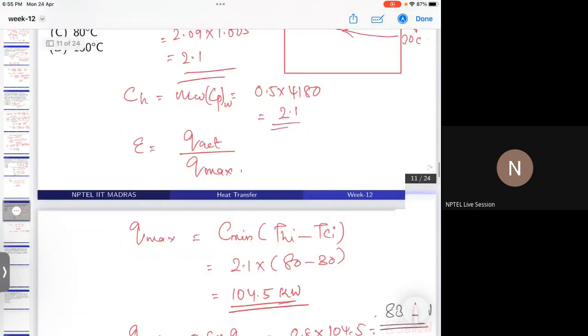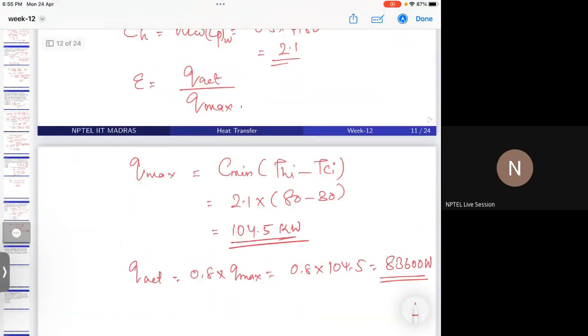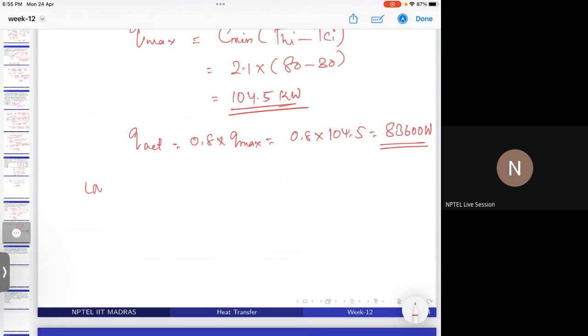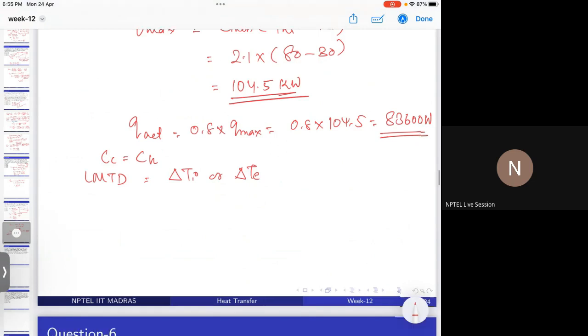So what is the LMTD? As this is a counterflow heat exchanger and also the heat capacities are the same, as Cc is equal to Ch, the LMTD is equal to either delta Ti or delta Te. I already told that at the start.